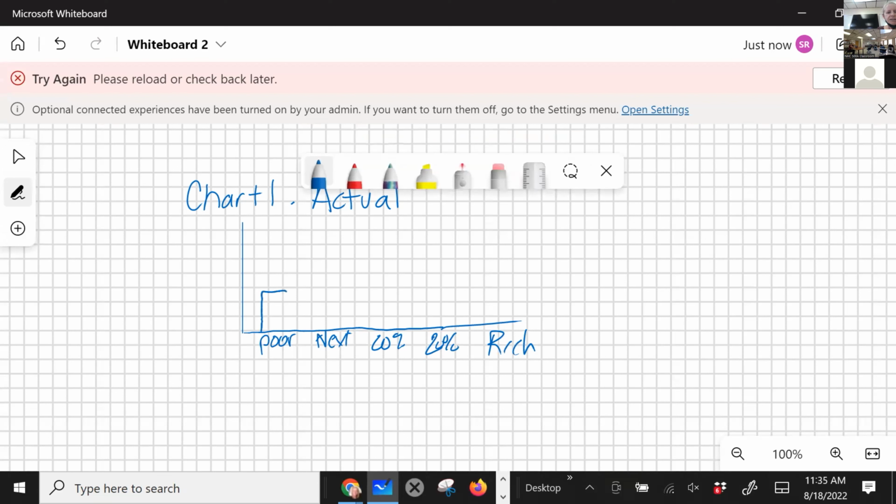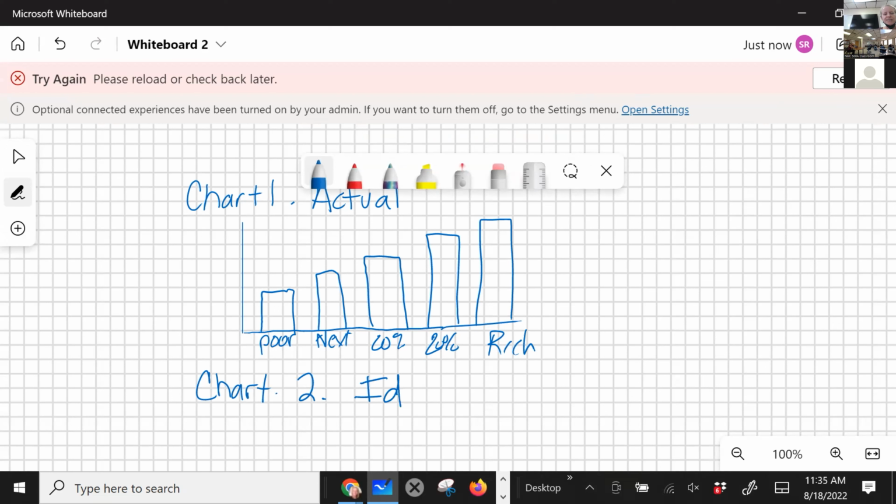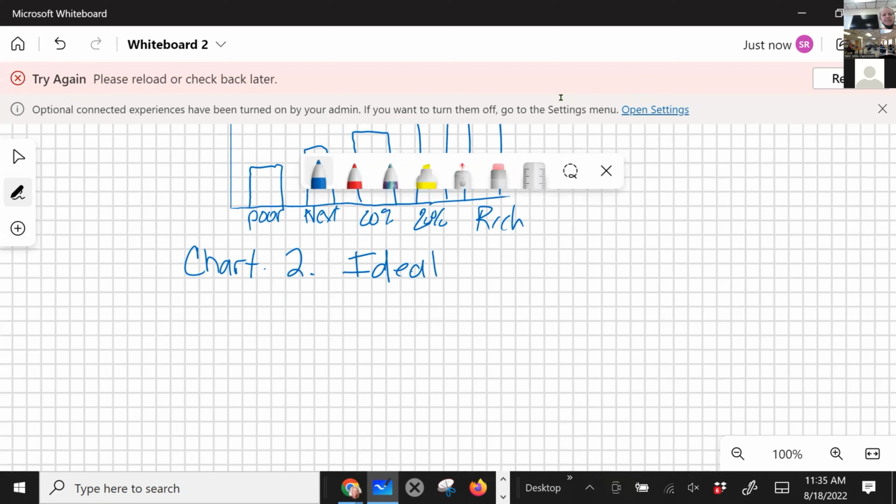And then you had something like this for your actual. Most of you had something like this. Now you're going to do the exact same thing again, except you're going to label it chart 2. You're going to do it neater than I am in this funny screen situation. Chart 2, the word is going to be ideal. You're going to configure it exactly the same way and draw the same chart, except you're going to show what it should look like. And this you're going to do for yourself.